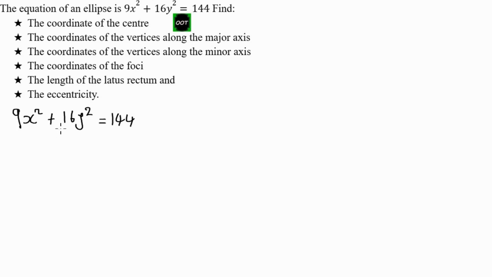When you have something like this, you want to get rid of the 9 and 16. So we can divide through by the product of 9 and 16, that is, 9 times 16. We can see that the 9 can cancel out, the 16 can cancel out, and 9 times 16 can actually cancel 144.